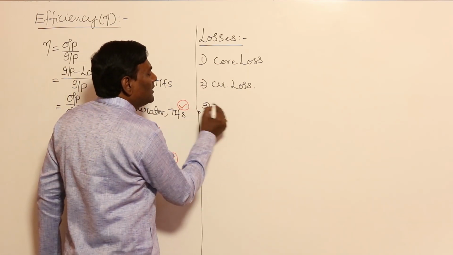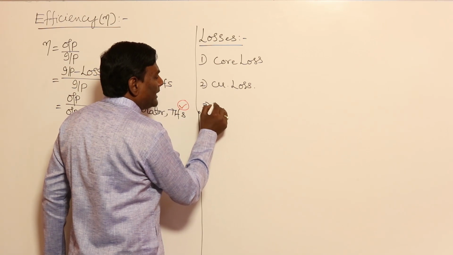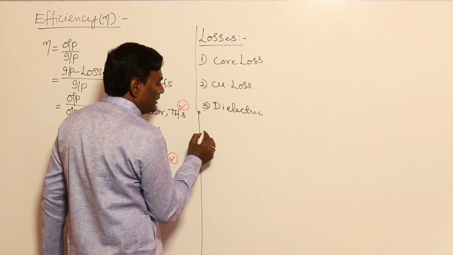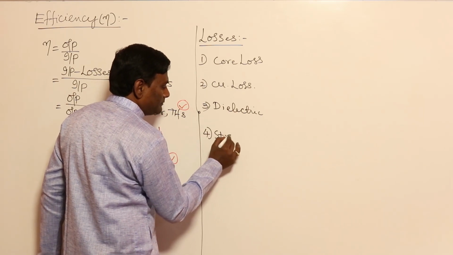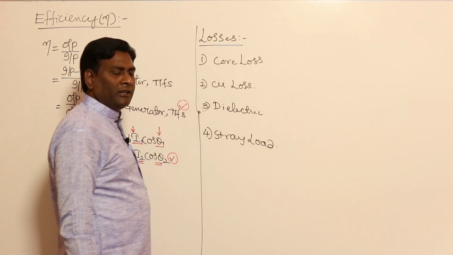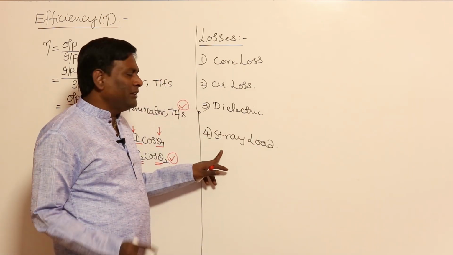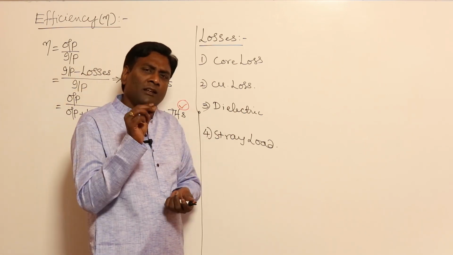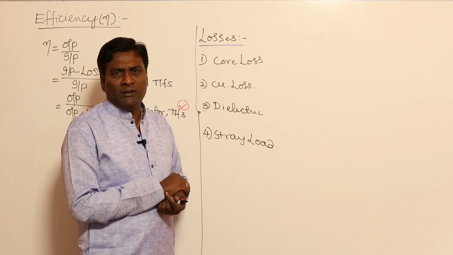And beyond that, dielectric losses will be there. Stray load losses will be there. About dielectric and stray load, the percentage of dielectric loss and the percentage of stray load loss is going to be very less, and we cannot calculate them properly.